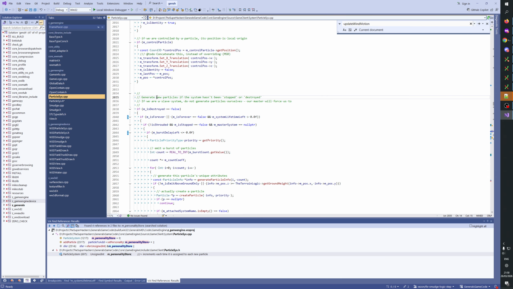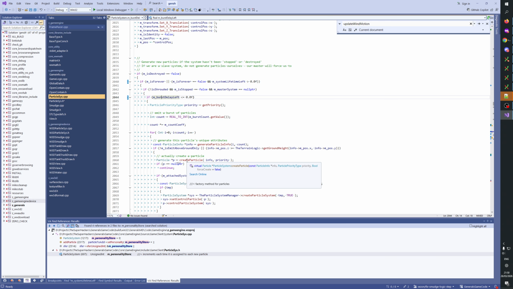Generate new particles. Generate this particle. Actually create a particle.